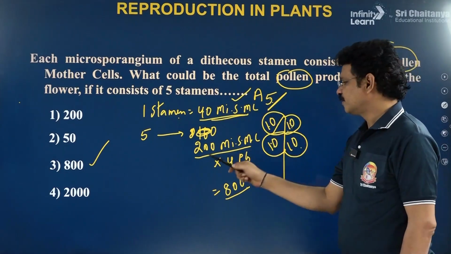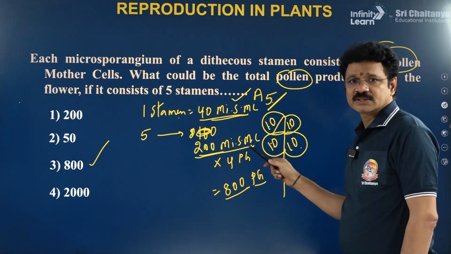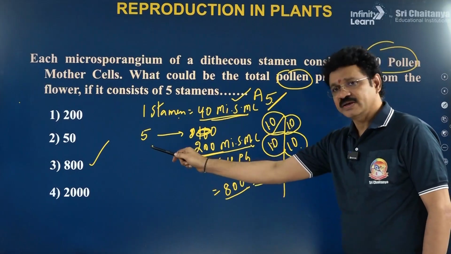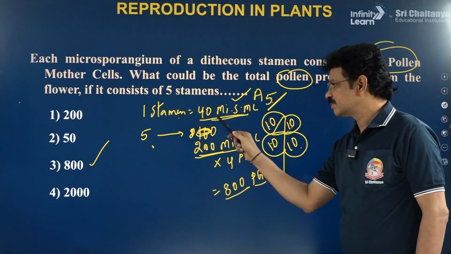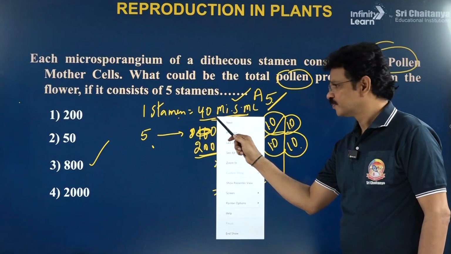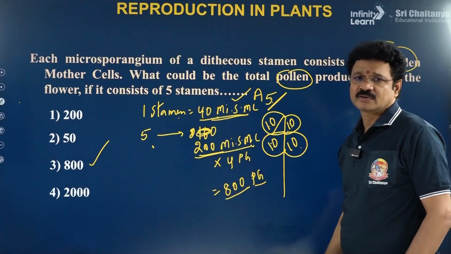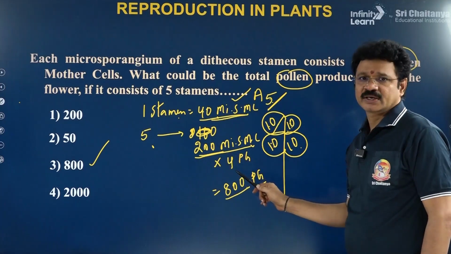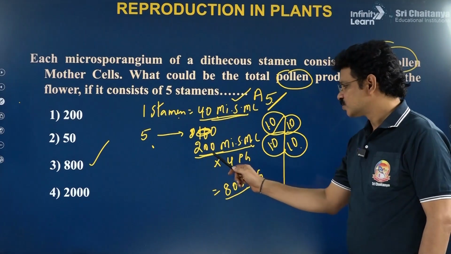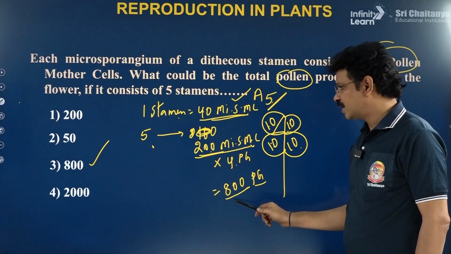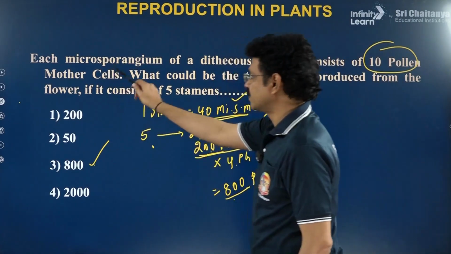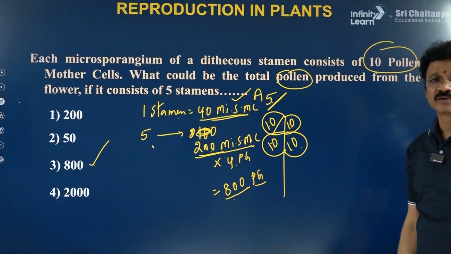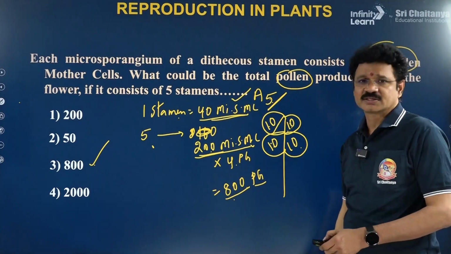The entire flower consists of 5 stamens, so 5 fours are 200 microspore mother cells. Every spore mother cell gives rise to 4 pollen grains or 4 microspores. So 200 into 4, 800 pollen grains are obtained from this kind of flower.